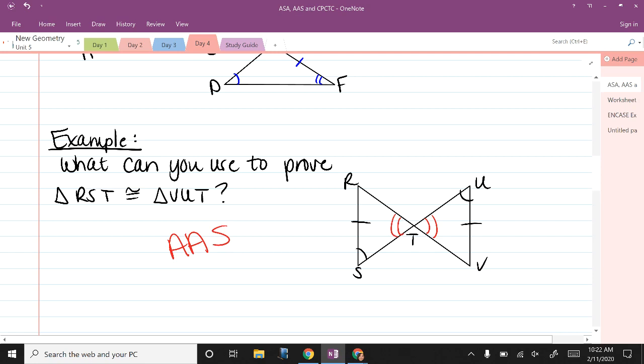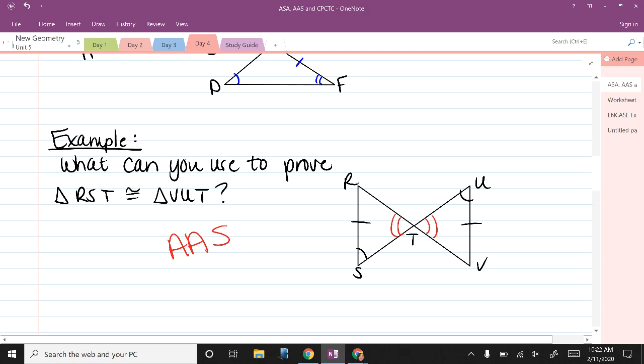All right, what are those little arrows mean? They're parallel lines, right? So if they're parallel lines, you have all those parallel relationships. So you got alternate interior angles, corresponding angles, alternate exterior, all that good stuff. Sometimes it helps when you have parallel lines if you make the lines a little longer.